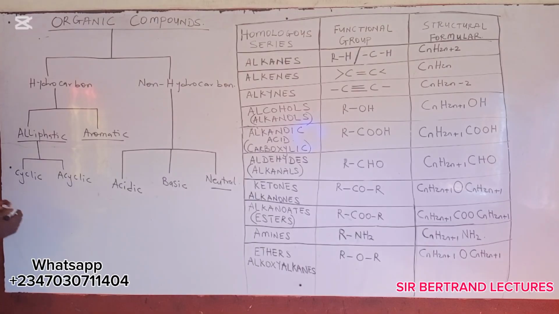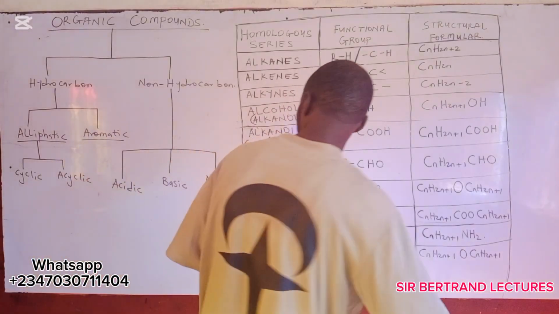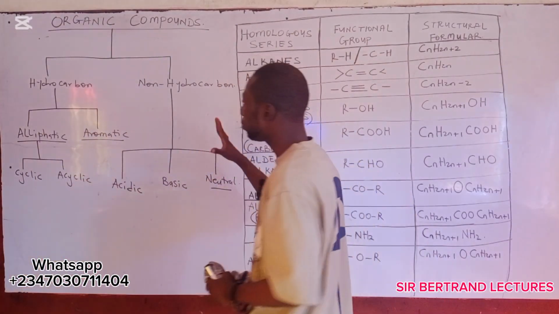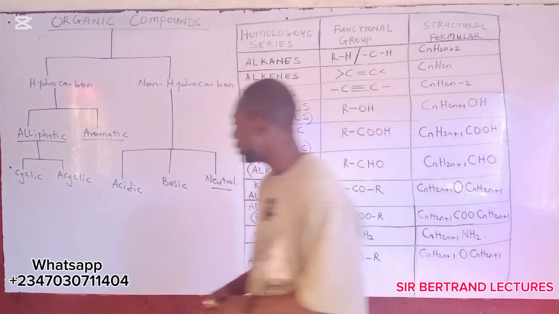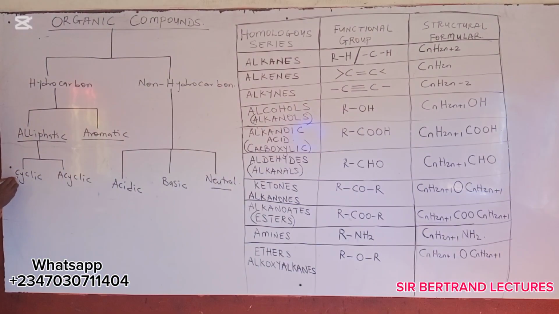Now we're going to look at cyclic and acyclic before we look at the aromatic hydrocarbons. Because of space, I'm going to wipe this. Let me draw it here. Cyclic ones that have ring shape, we have it like this.